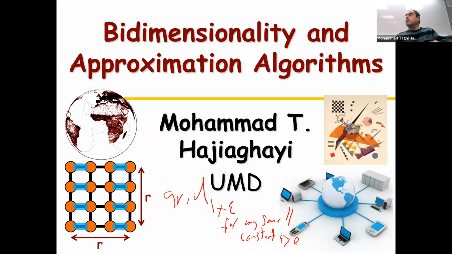If that is the case, then you can solve it in these general graphs. Otherwise, at least this approach does not work, and lots of these results are so tight. So if it does not work, maybe you cannot get anything better. The grid is a special case of planar graph, the r by r grid essentially. But this is again a very high level idea. We will talk more about it. That's the whole concept essentially.